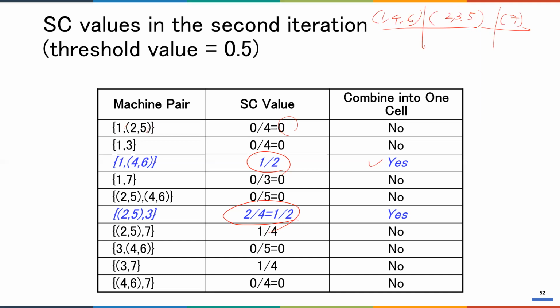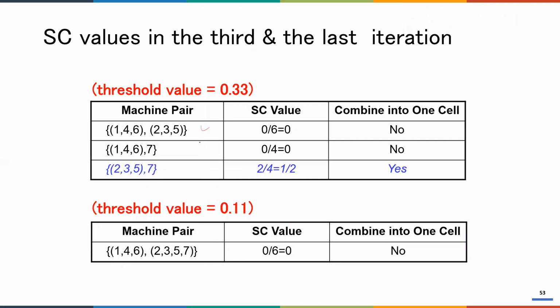Okay, and then we again calculate the pairs. Let's say you're not satisfied, so you try to calculate the pairs like this, and like this, and like this, the possibilities. Okay, so you calculate it, and then you find out that machines 2, 3, 5, and 7 are good enough to be combined into one cell.